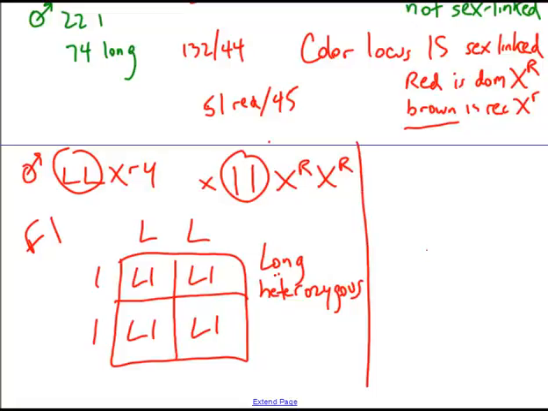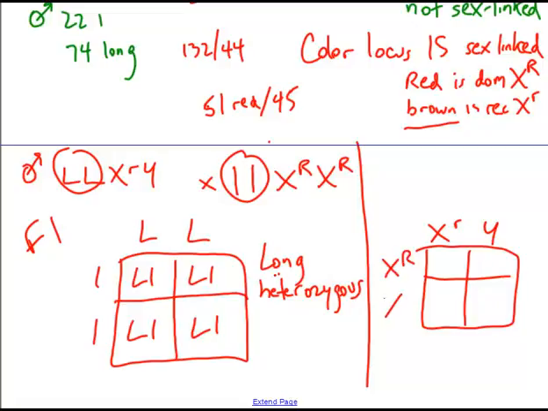Hopefully there'll be room over here for us to do a cross with the X. So the father could make X little r and Y, right? The mother only X big R and X big R. So let's see what that would mean. That would mean all the females look red and are heterozygous, right?